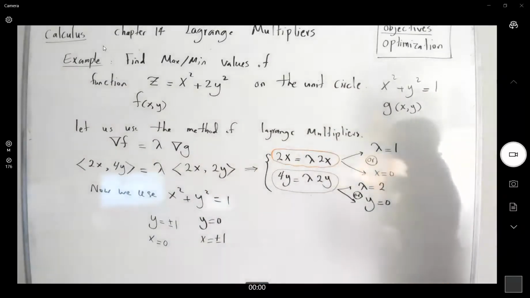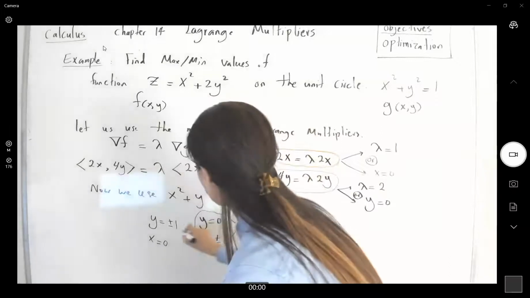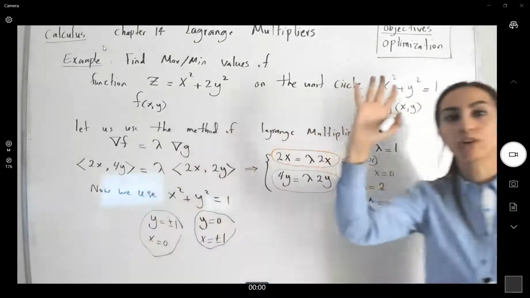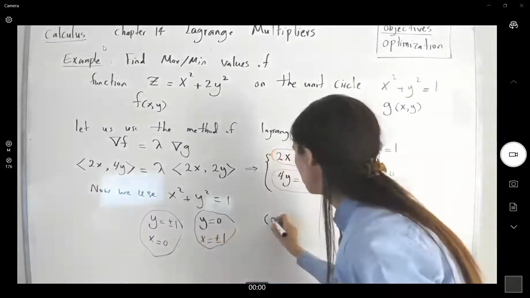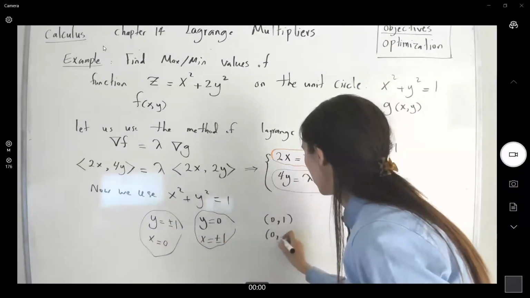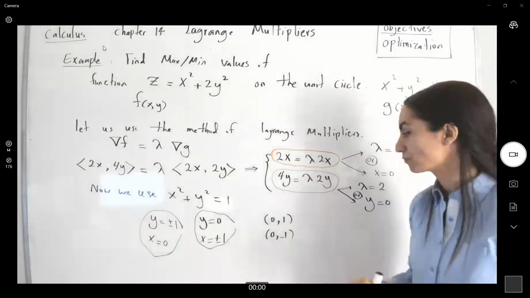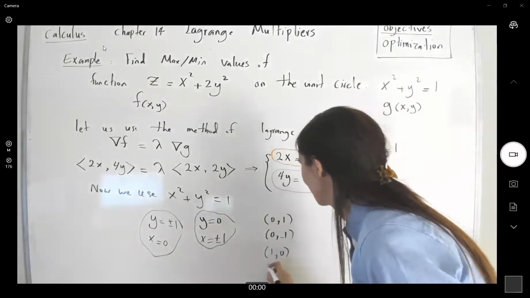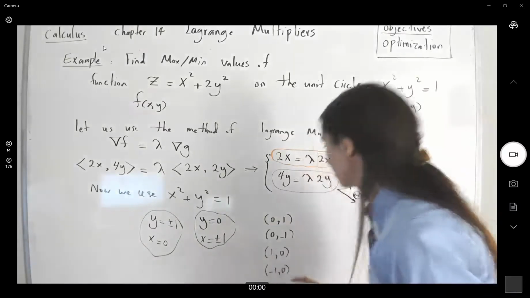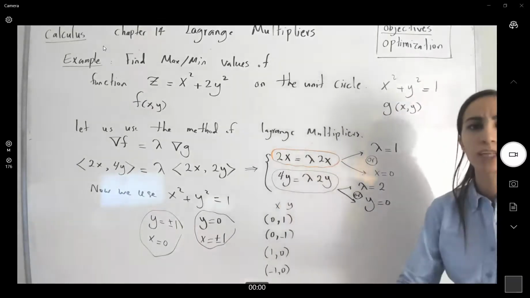So how many points do I have? How many critical values do I get? I get 4 critical values: (0, 1), (0, -1), (1, 0), (-1, 0). Okay, I have my x and y values, but what is z?